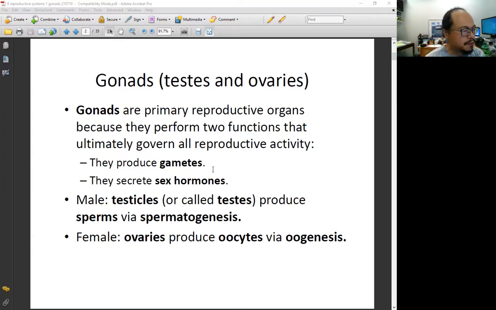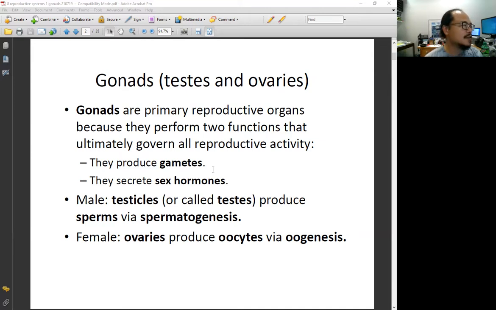In addition to producing and maturing these gametes, these reproductive organs also have another function, which is to produce the sex hormones. The male sex hormone is testosterone, the female is estrogen.